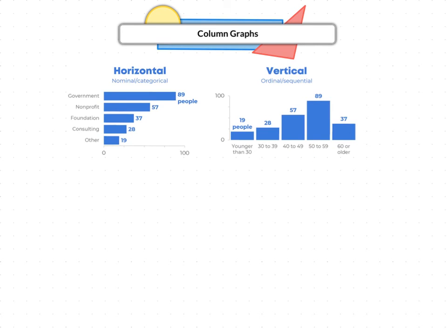Note that on these graphs, we have categories along one axis, and we have a frequency of some kind along the other side. That frequency can be number of people, number of organizations, number of dollars, number of animals, number of siblings, but it usually involves a number of something.